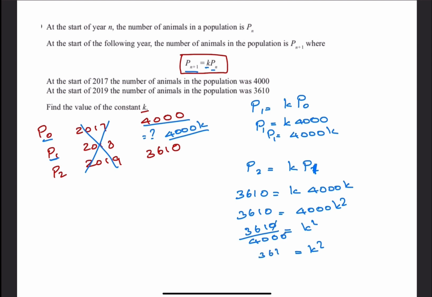You can just cancel these zeros. K is equal to the square root of that, 361 over 400. If I square root that, that will give me 19 over 20. And that's K. So they want you to find the K, and K is equal to 19 over 20. That's your answer. Very simple 3 mark. Moving on.